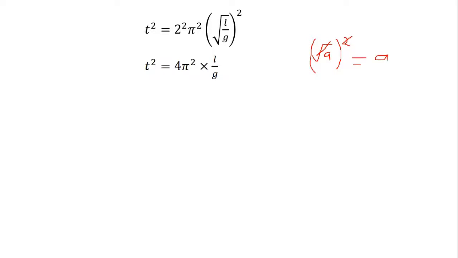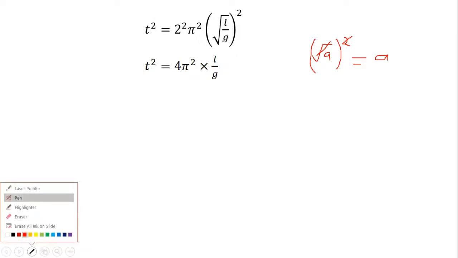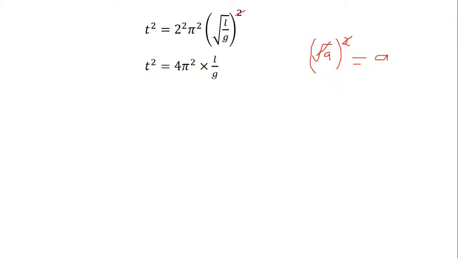So if you have square root of L over G and you square it, the square is going to cancel the square root sign. So here, raised to the power 2 will cancel the square root sign so that we have L over G. Now this L over G is multiplying what we have here.